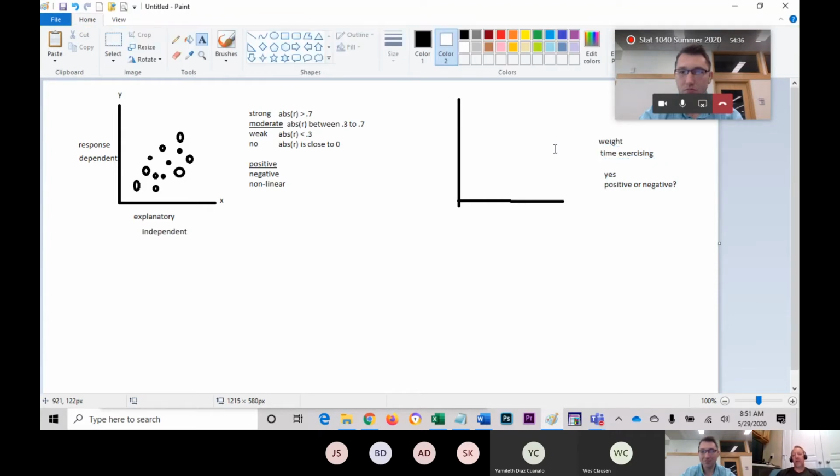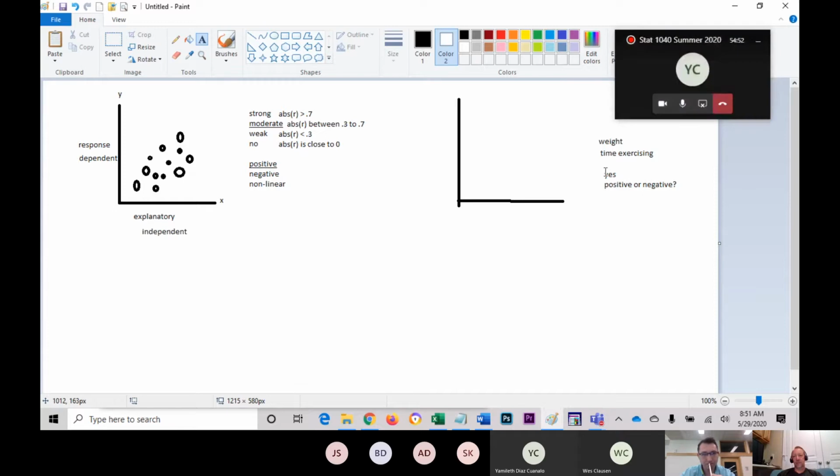So we're ignoring height for a minute here. Would you say that weight and time spent exercising would be correlated? Yes. Okay, now let's think about this. Would it be positive or negative?